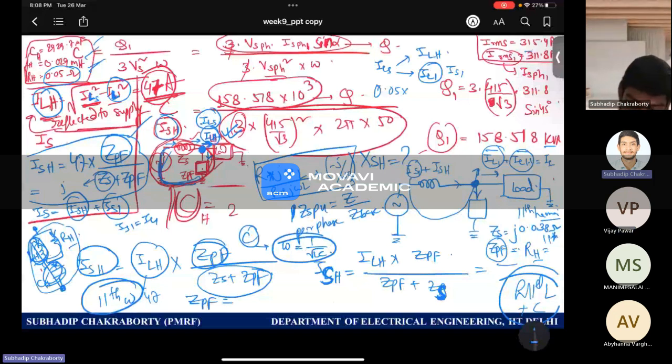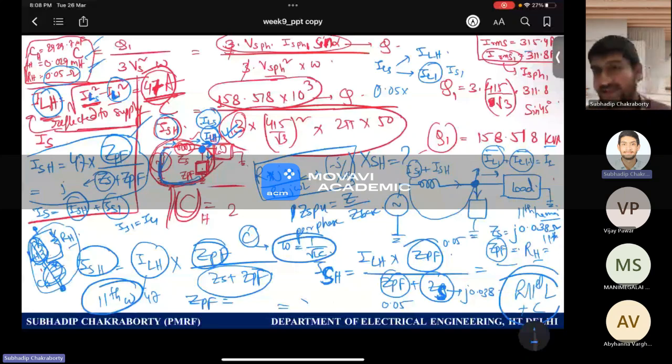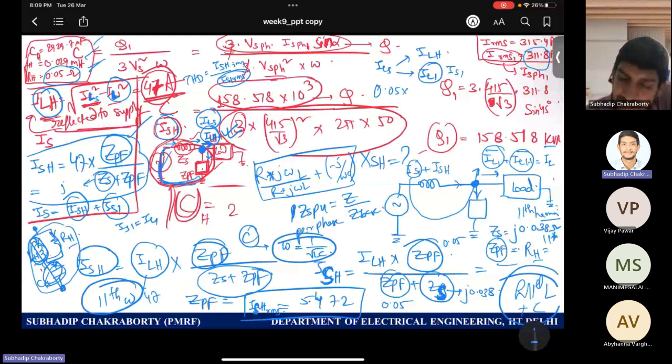And to find out the THD, what do you do? What is the definition of THD? It is supply side harmonics divided by supply side fundamental. Harmonics by fundamental, right? All RMS. Now the supply fundamental, I told you, is the same as the load fundamental. It is this 311, right? So I have the supply harmonic RMS.